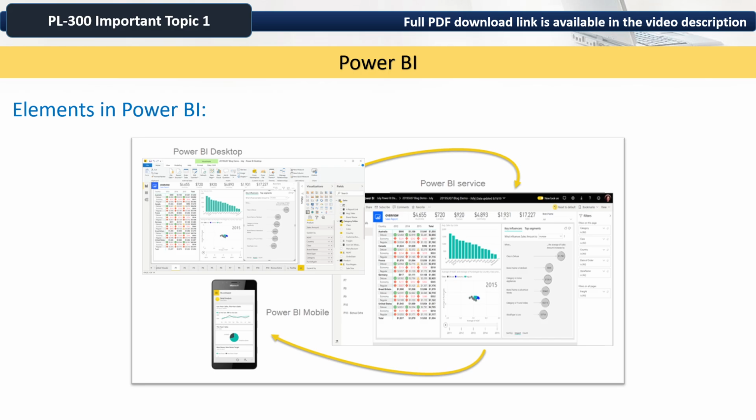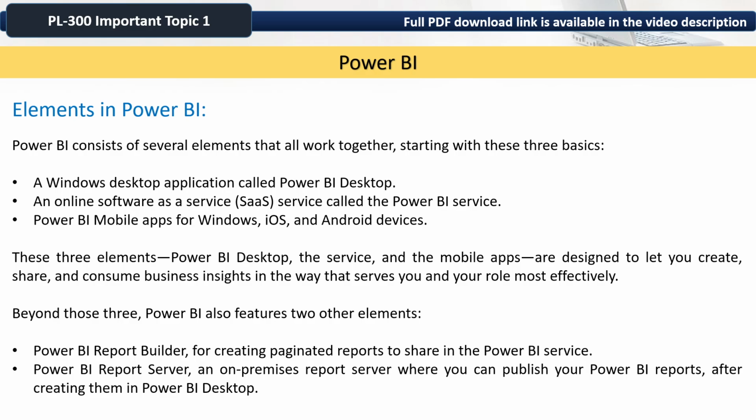Here in this graphic, you can see the three elements in Power BI that are Power BI Desktop, Power BI Service, and Power BI Mobile. Power BI consists of several elements that all work together, starting with these three basics.